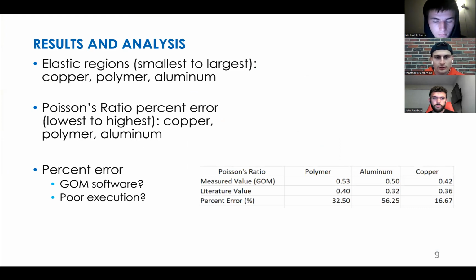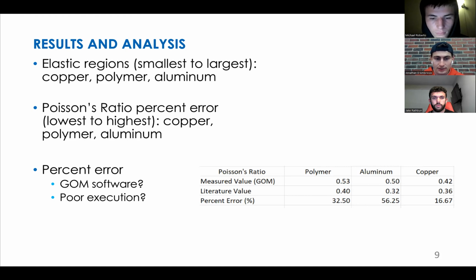Using the GOM software calculations, we were able to compare and contrast the three specimens that we had, and we found that the elastic regions vary with each specimen, with copper having the smallest elastic region and aluminum having the largest elastic region.